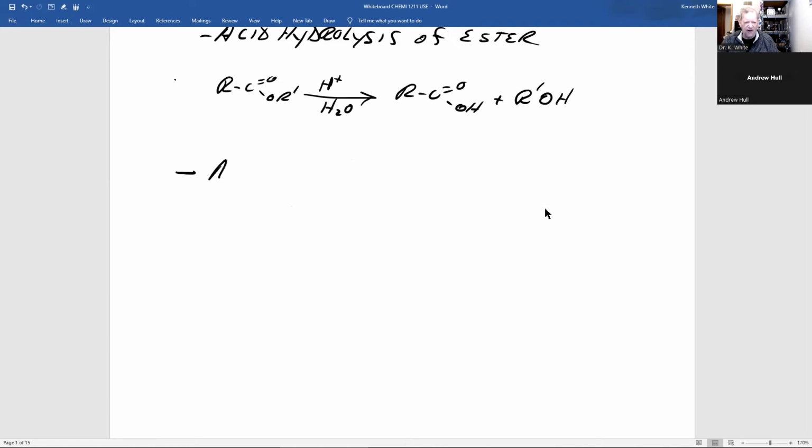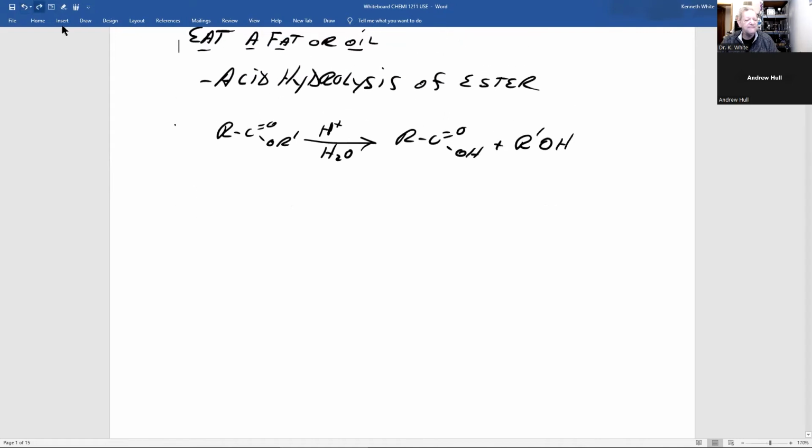You should also know, when you eat a carbohydrate, how to describe with words and a general reaction what happens in your stomach.